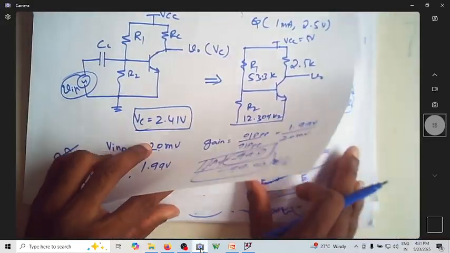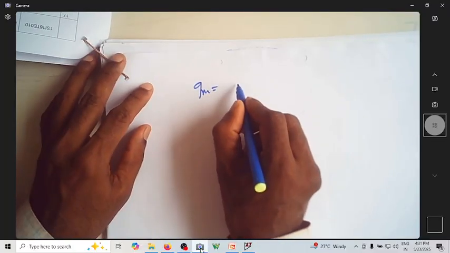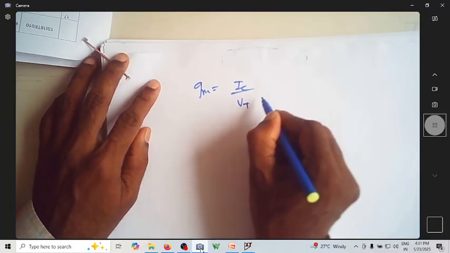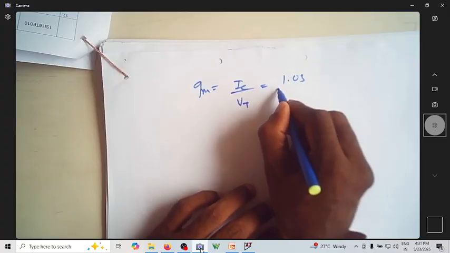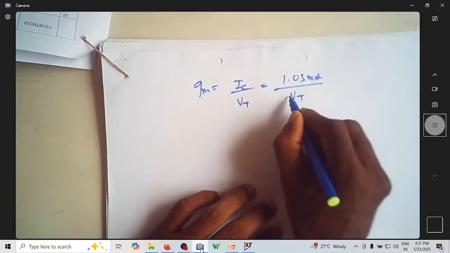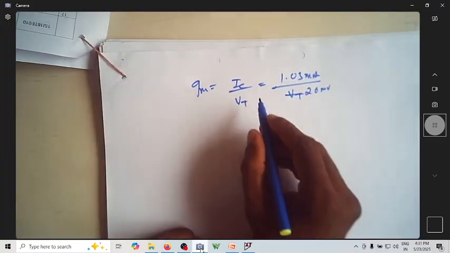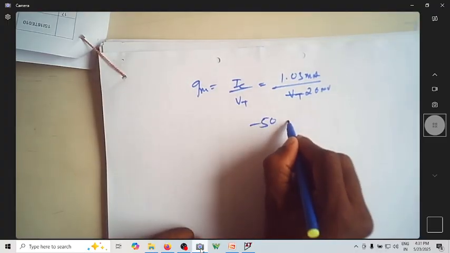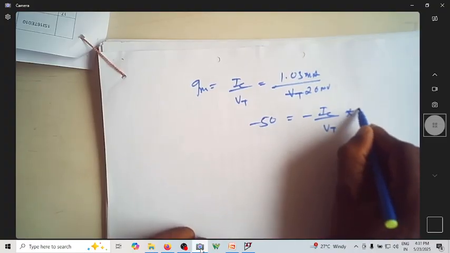Suppose you want a gain of 50, I can get a gain of 50. Assume that gm is equal to Ic by VT. Let me not change the value of Ic. Let it be 1.03 milliampere, and VT is 26 millivolts. I want the gain to be minus 50, which is equal to minus Ic by VT into Rc.